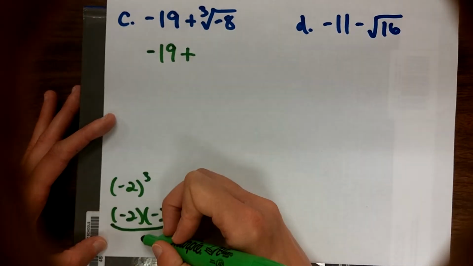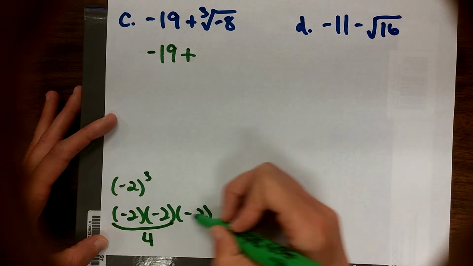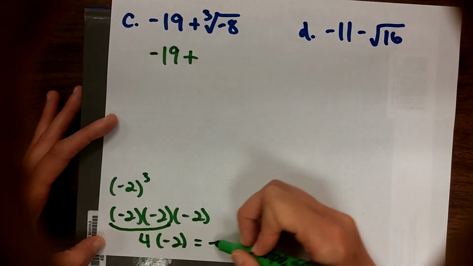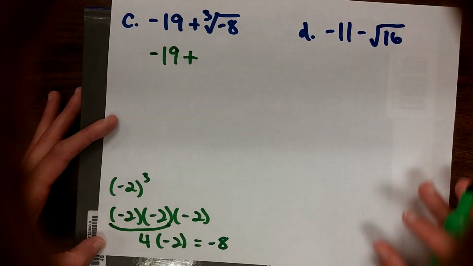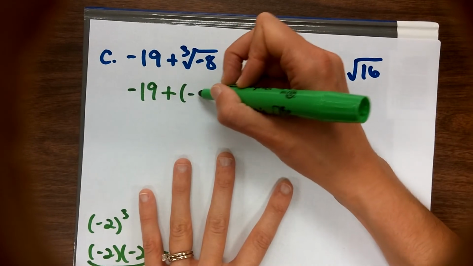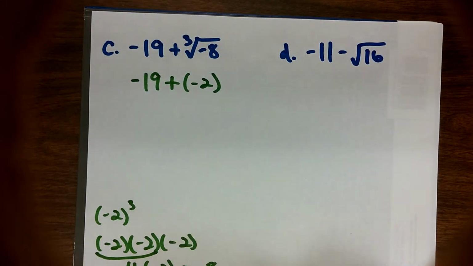Negative 2 times negative 2 is positive 4, but then when we multiply by this last negative 2, we're finally going to end up with negative 8. So negative 2 is the cube root of negative 8. So that's what we will replace that with up here, a negative 2.